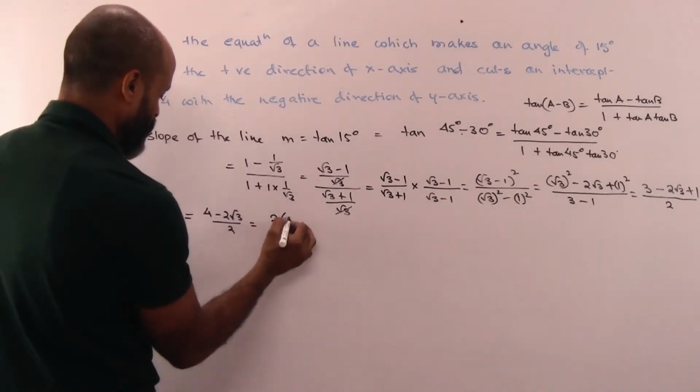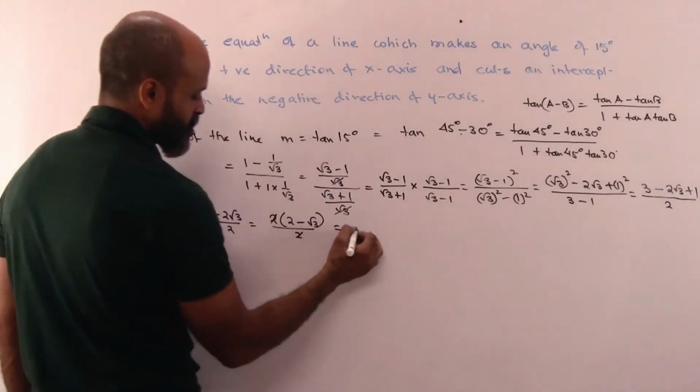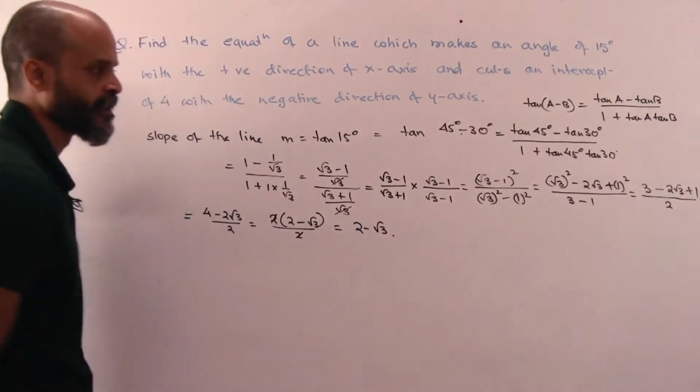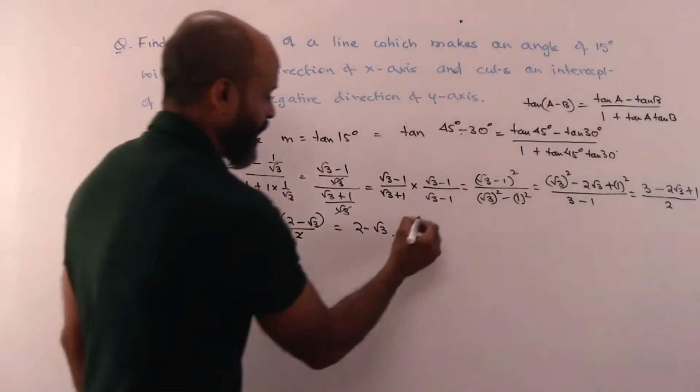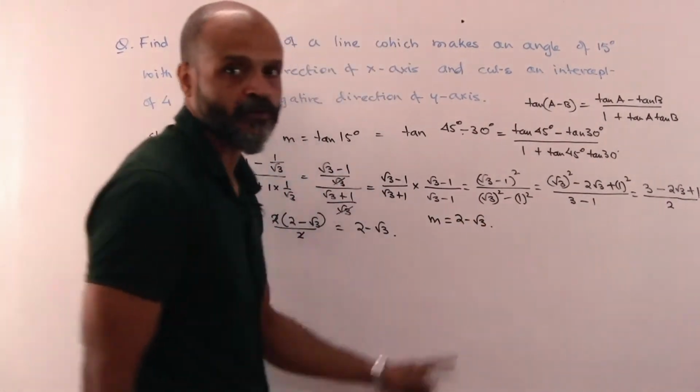So this will be 2 minus root 3. This will be the value of m, the slope of the line: 2 minus root 3.